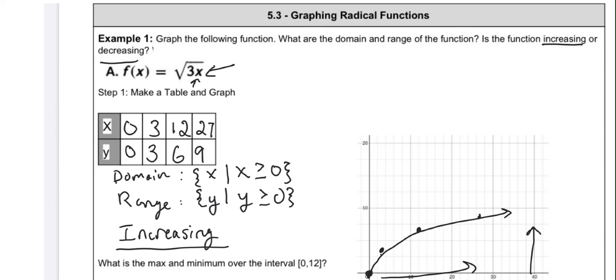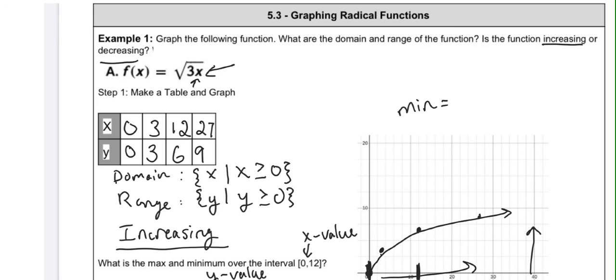Okay. And then the last piece, what is the max and min? We're looking at the interval from 0 to 12. So our lowest point, or our min, is the y value. The max and min are y values, and these are the x values you're looking at.